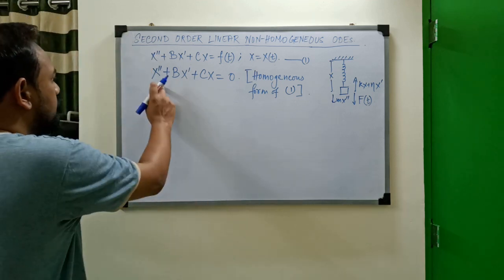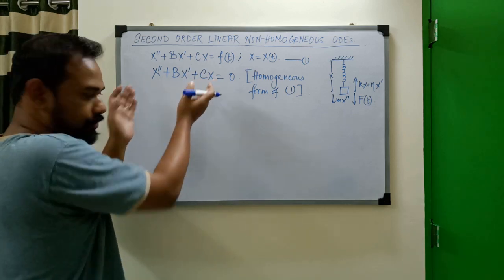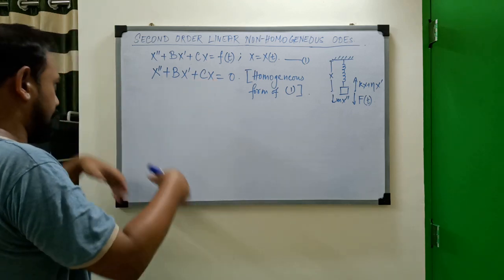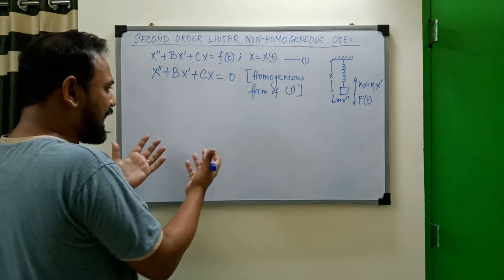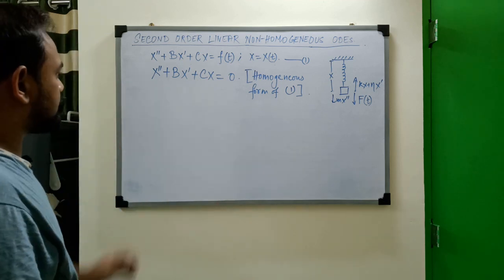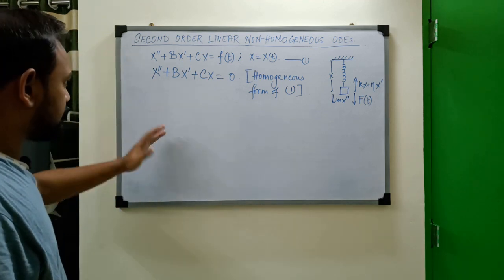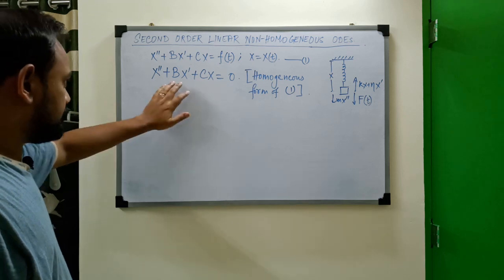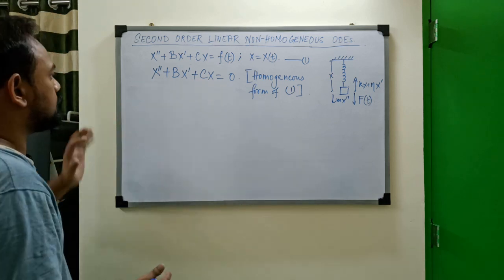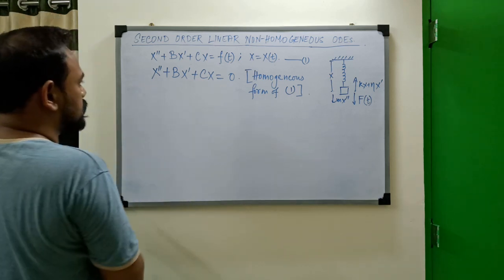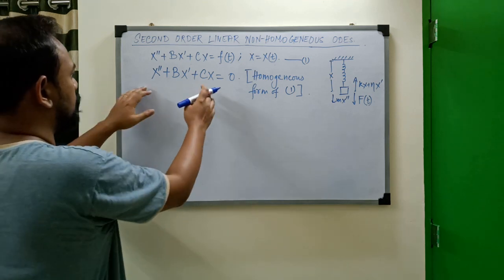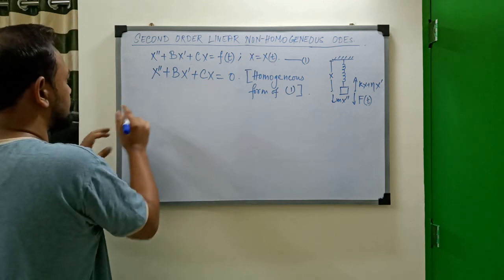Well, we have found general solutions for this. There was the case of underdamping, overdamping, undamped motions, critical damping or resonance, whatever they were. There were various cases, but we found the general solution for this.